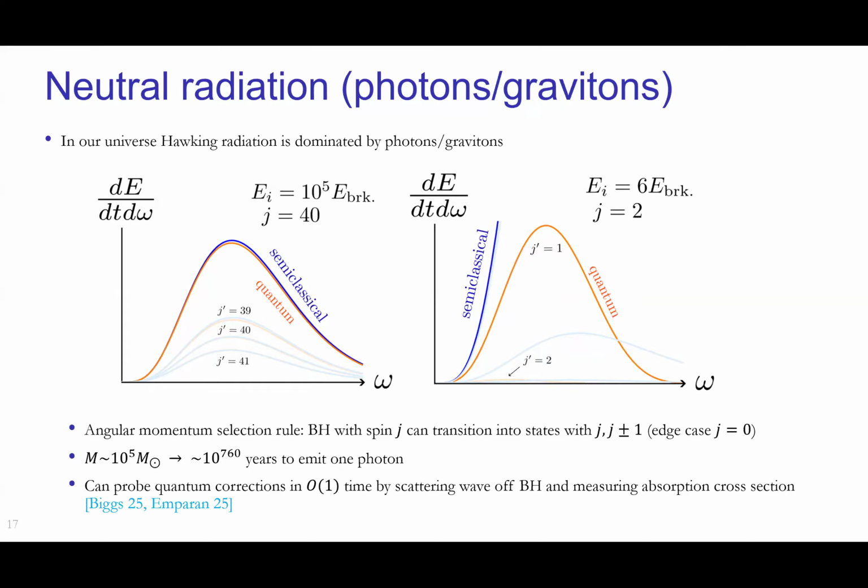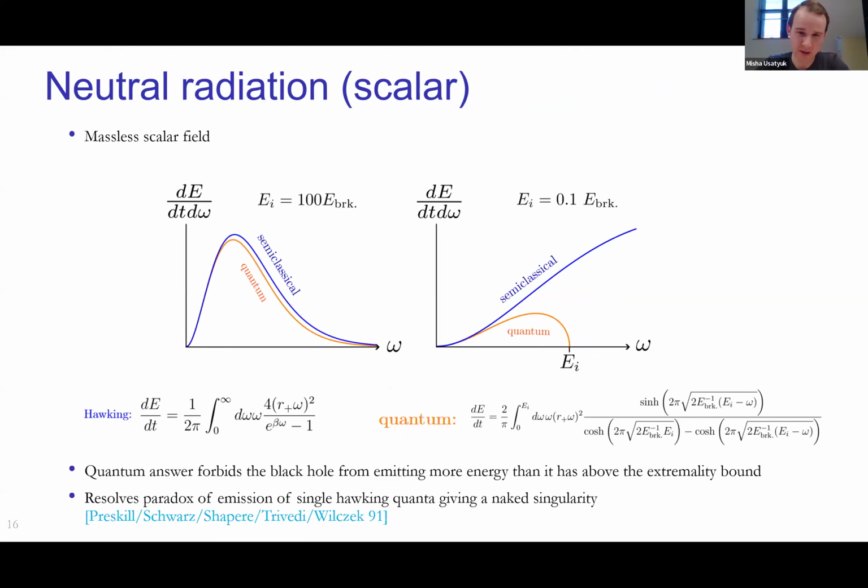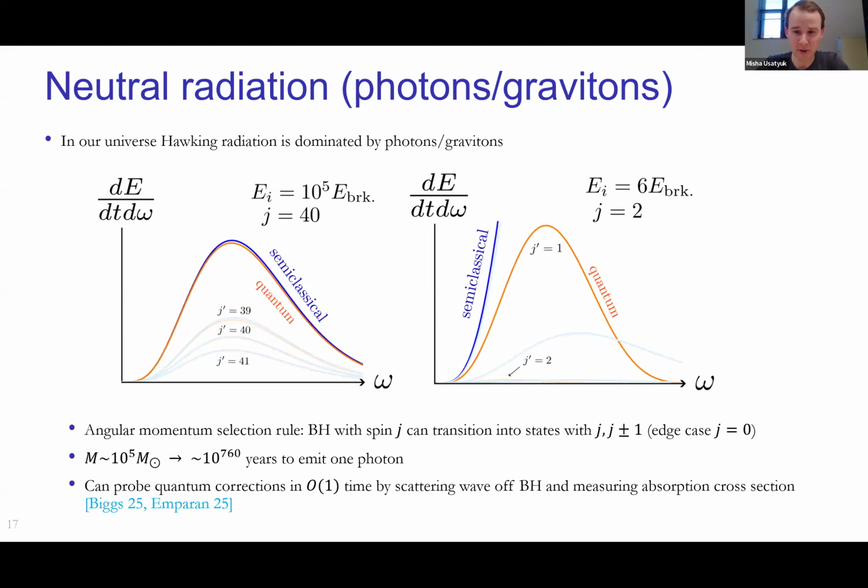Yeah, but sufficiently close to extremality, you get curves that look like this one on the right, which is very non-thermal. So at sufficiently low energies, it's just not going to look anything like a thermal state. But yeah. Okay, good.